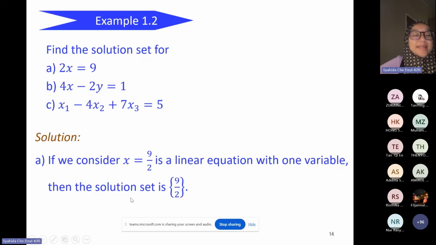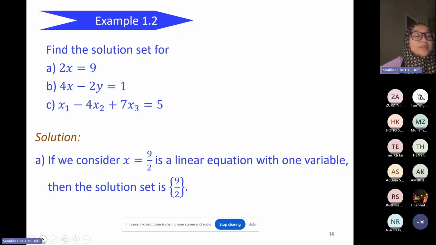So the solution set for this equation is a set with only one value, or we call it a singleton. A singleton is a set with only one value. So the only solution is 9 over 2, a unique solution. That's when we consider this equation as a linear equation with only one variable.